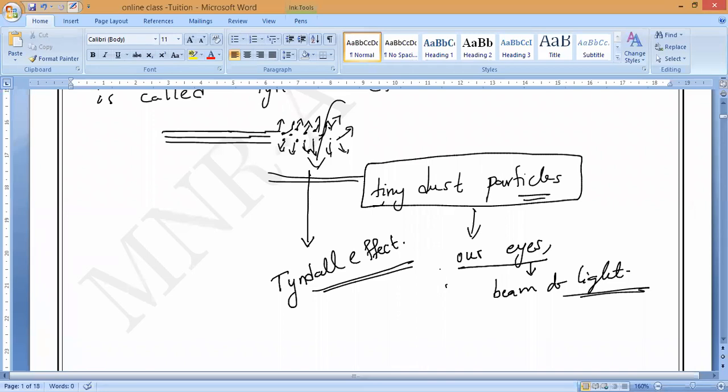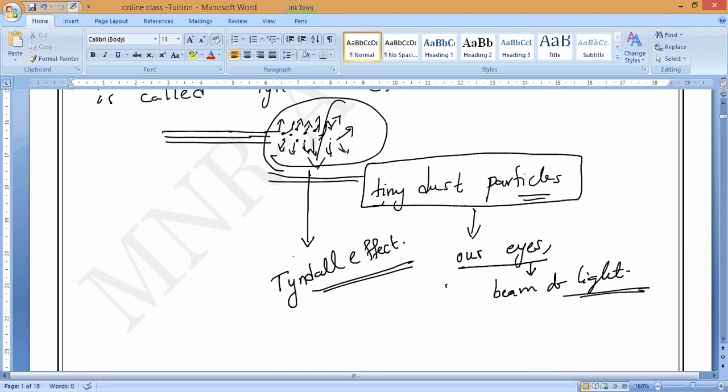The Tyndall effect is the way a beam of sunlight becomes visible as it passes through the dust particles in the air of a room. That is what we call the Tyndall effect. Understand?